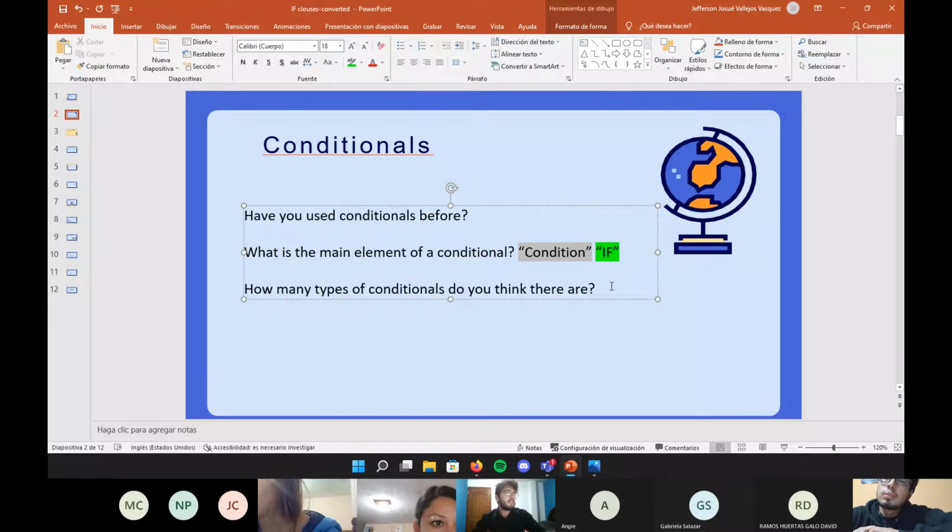How many types of conditionals do you think there are? Any of you have the answer? Maybe we have 2 conditionals or 3, maybe. Give me a number. Danny, can you help me with that?